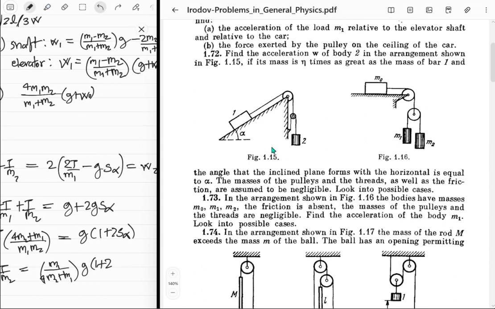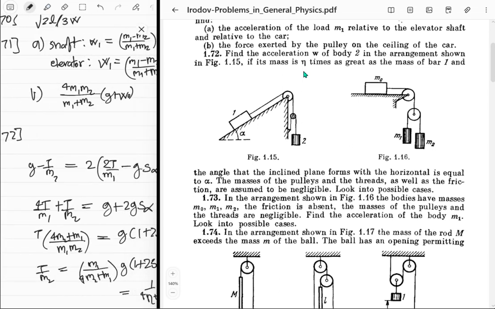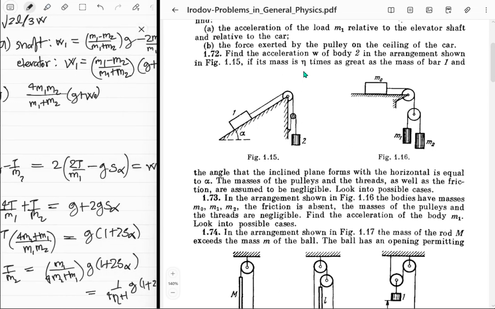But the good thing is that M2 upon M1 they told us is just this eta. Just gonna call it eta. So 1 upon 4 eta plus 1 times G into 1 plus 2 sine alpha. So this is what our result is. Yeah, seems like that.